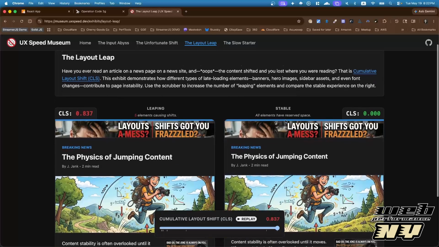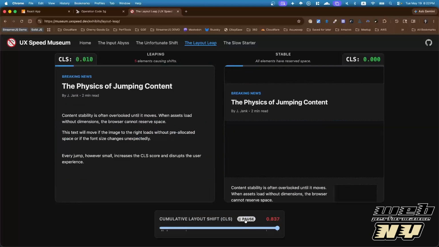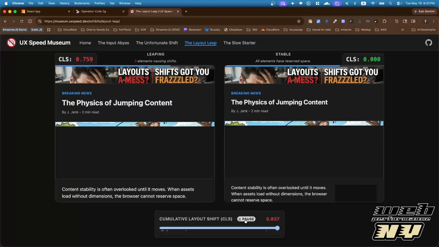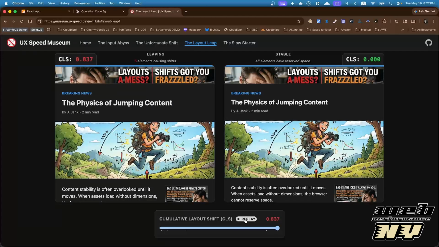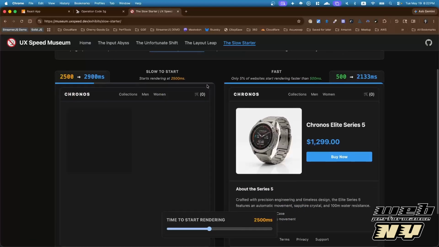But the main thing is, yeah, the metric is good and useful, but the feeling that you get, this is what we're talking about. Those advertising sites that keep shoving things in, or your own carousel that couldn't allocate space is ridiculous, right? You shouldn't have done that. And the last one is actually the most obvious, the slow starter, right?